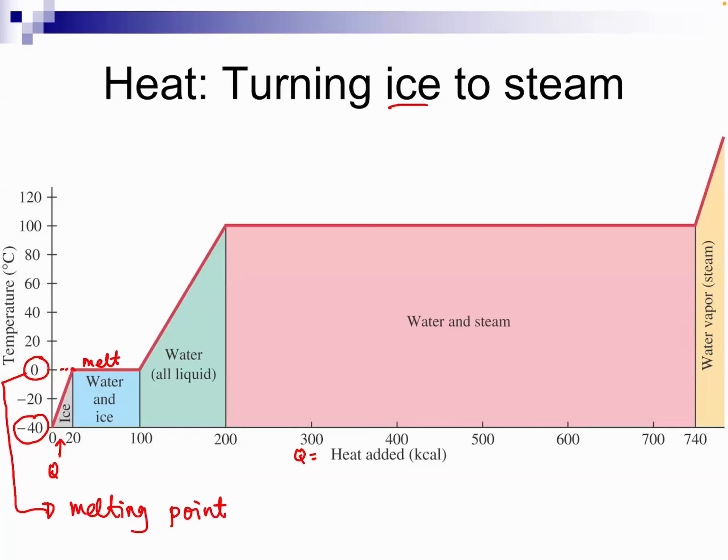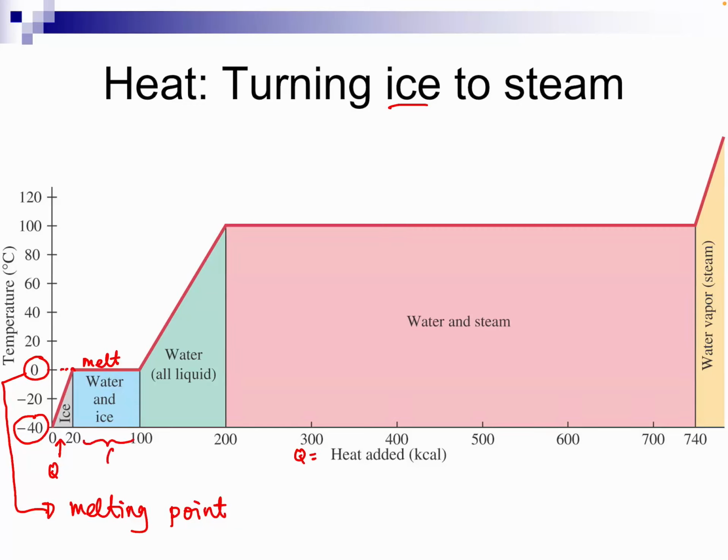The melting point is the temperature at which the solid starts to melt. As the solid starts to melt, you have two phases existing, liquid water and solid ice.